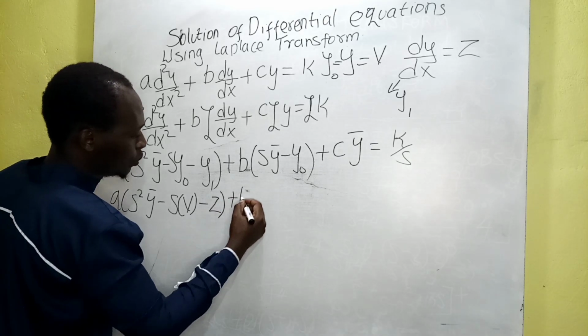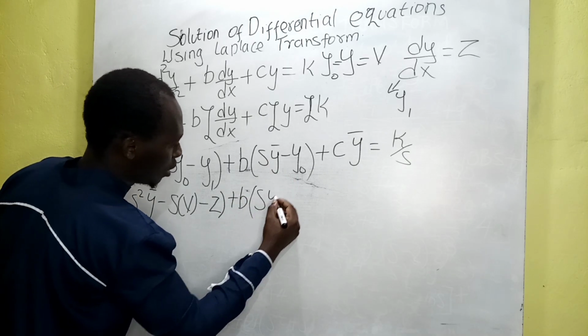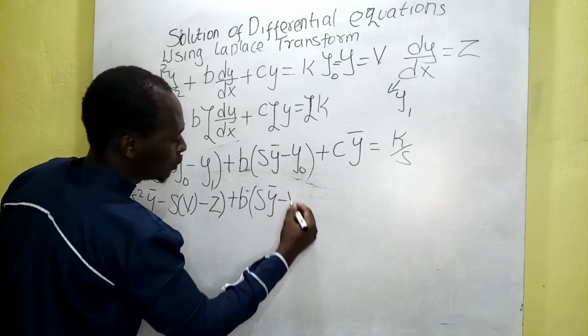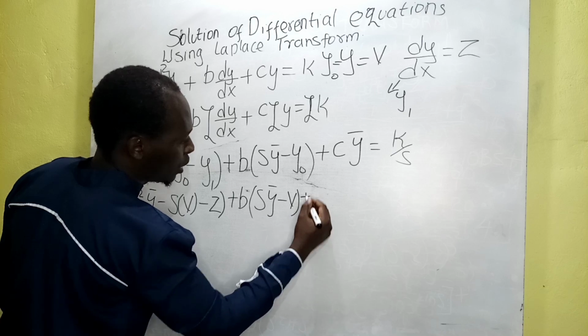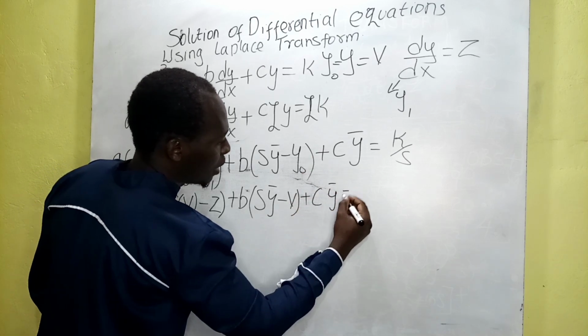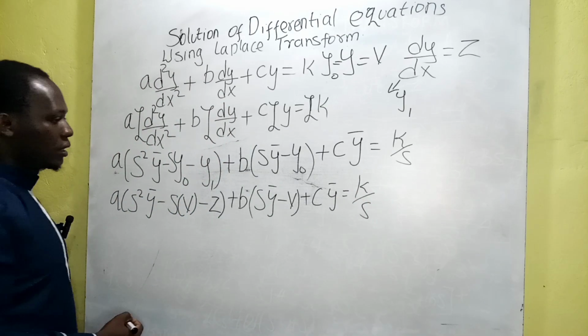We come and add to b into, here we are going to have s y bar we subtract from y naught which is equals to v. We come and add to c y bar, everything is equals to k all over s.